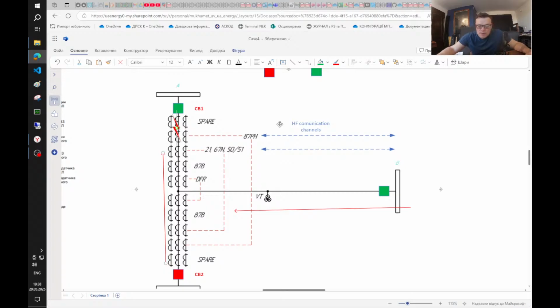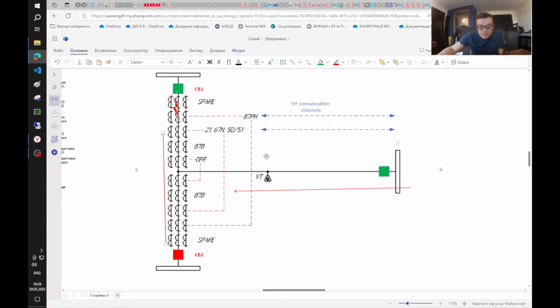And I understand that while we are analyzing or taking part in the design of the protection system, we should also consider such cases and should understand how protection will act and how breaker failure protection can help us to clear the fault.